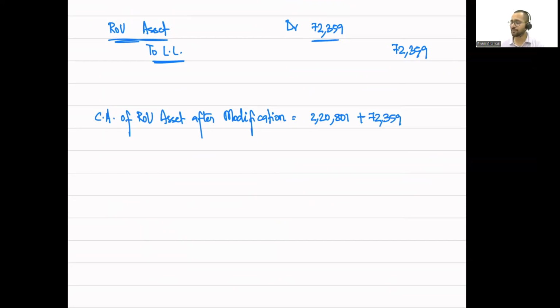The primary reason for this increase is because the scope of the asset has increased. I have now taken a higher square meters in space, I think 1,500. So that is increasing my ROU asset. It is going to be 2,20,801 plus 72,359, which is equal to 2,93,160.